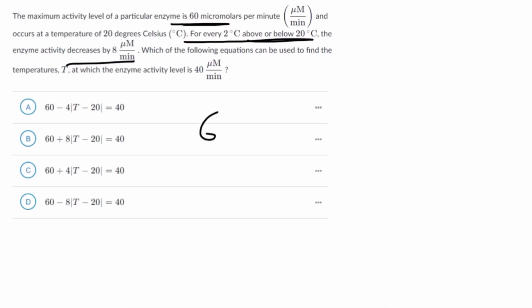So originally it's 60 micromolars per minute and occurs at a temperature of 20 degrees Celsius. For every 2 degrees above or below 20, it decreases by 8. So it's originally 60 and it decreases by 8 for every 2 degrees Celsius.